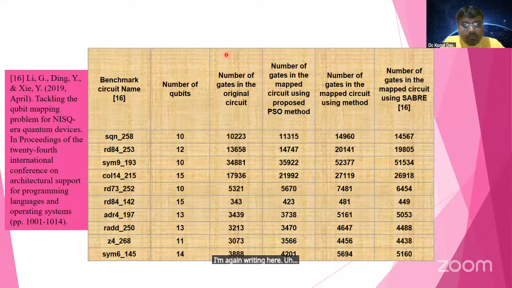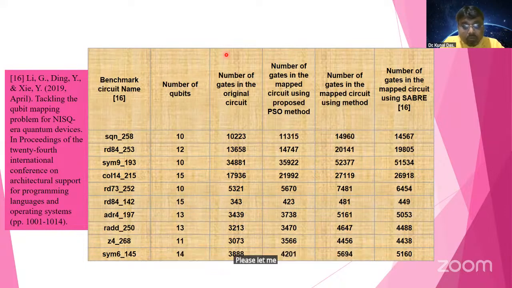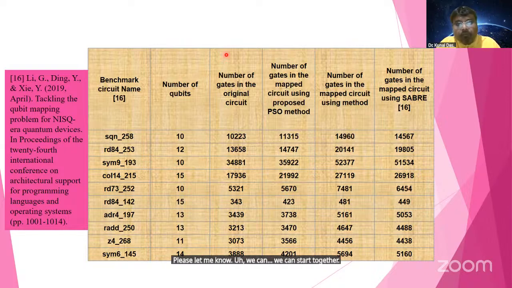If you have any idea or any collaborative work you are planning, please let me know. We can start together, or we make a big form of groups. In India, we are creating that type of groups. That is our national mission.